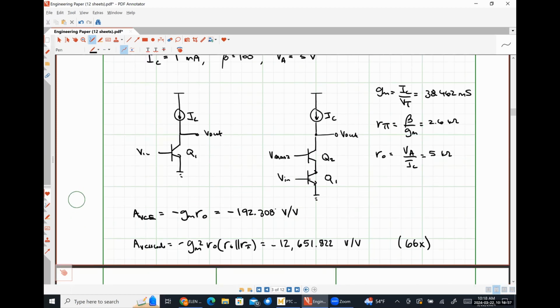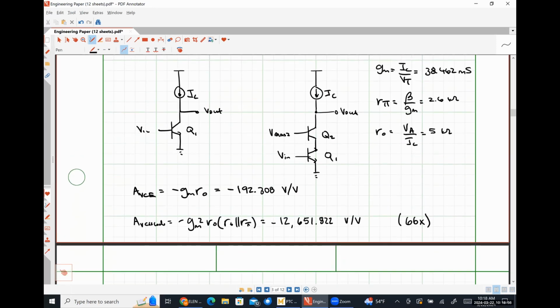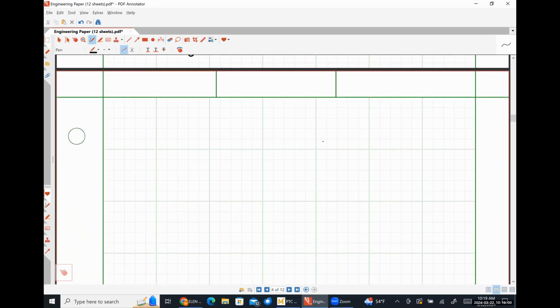All right, so in practice, we can't actually make an ideal current source. So instead, we're going to wind up loading this thing with a transistor current source. So I'm going to draw a picture here, and I'm intentionally going to put a blank in it.